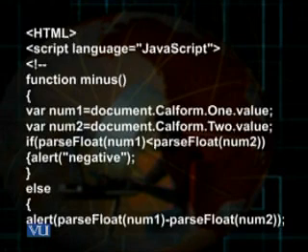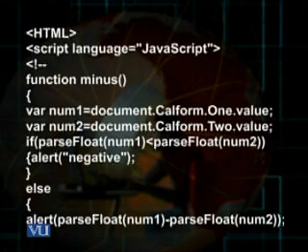That means num1 should have the value typed by the user in the text box called 1. Then num2 equals document.calform.two.value. That means the number typed in the text box number 2 should be assigned to num2.